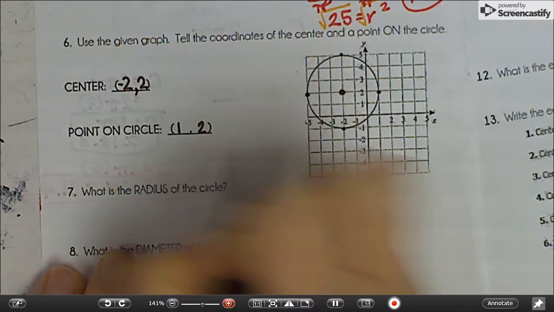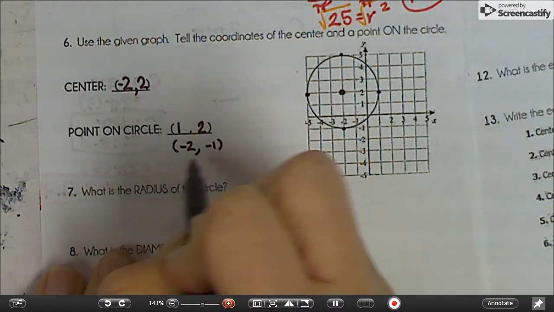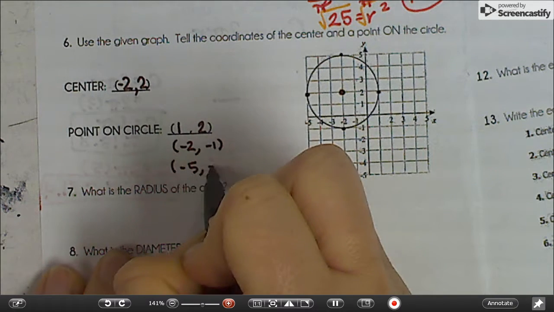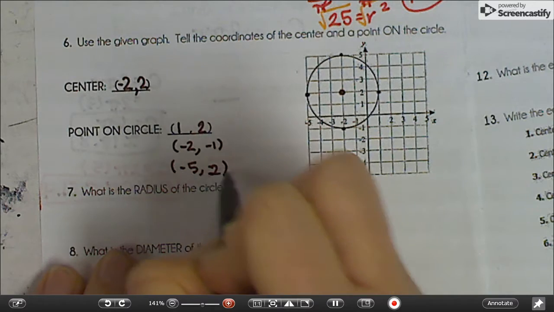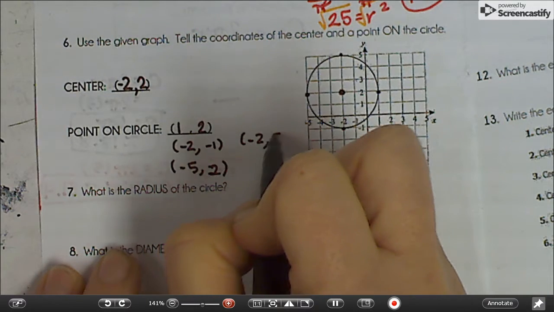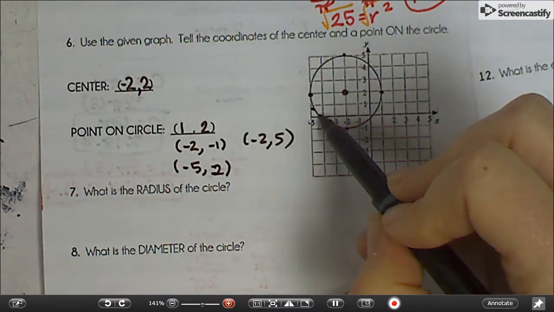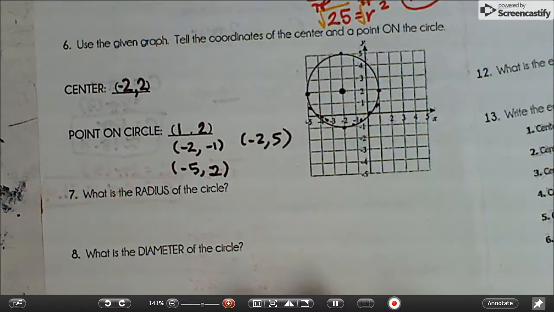We could do this one, -2, -1. We could do that one, -5, 2. And this one would be -2, 5. Those are all points that are on the circle. There are points all around here and all around here. There are infinite points, but these are obvious points on the circle.